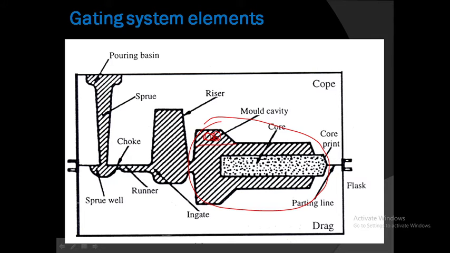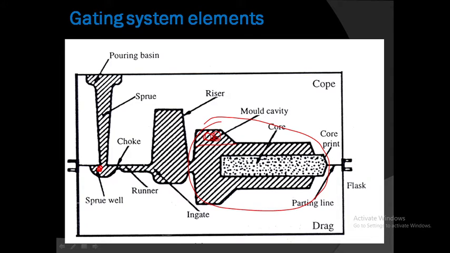So the gating system should prevent the slag or dirt present in the molten metal from entering into the mold cavity.